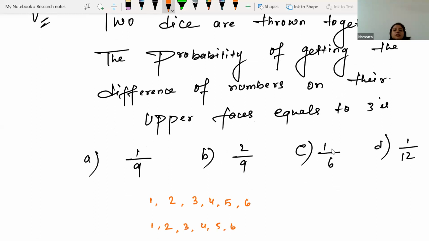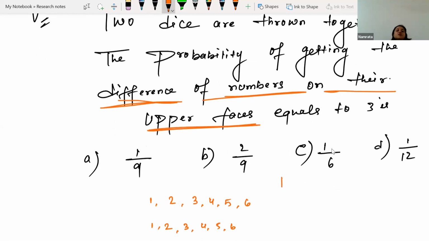Now what we need is the difference of the numbers on their upper faces to be 3. So if we are getting 1 on the first die, then on the second die we must be having 4, right? Then only the difference will be 3. So one of the possibilities is 1 with 4.